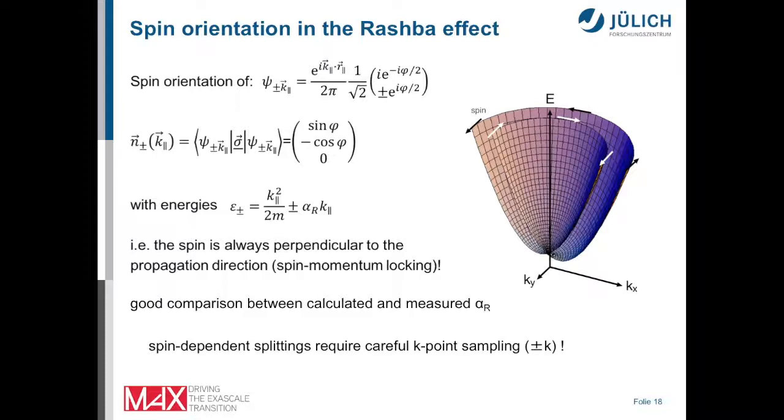So if you do the calculation of a surface with spin-orbit coupling, this is an effect that you will typically see if you switch on this spin-orbit coupling flag in your input file.